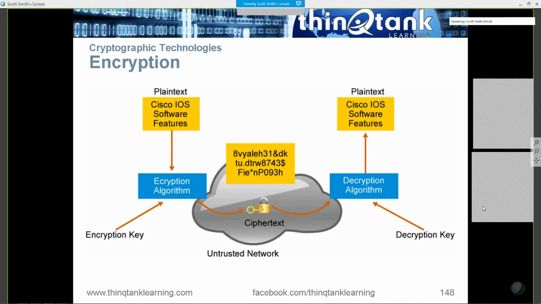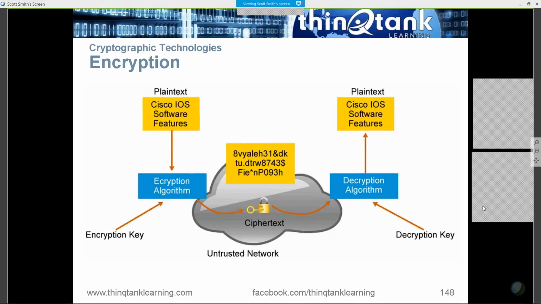Encryption is the process of taking plain text data, running it through some sort of encryption algorithm, and generating something called ciphertext. Now there are two types of encryption techniques that exist, symmetric and asymmetric. A symmetric encryption algorithm uses the same key to encrypt as it uses to decrypt, whereas an asymmetric algorithm uses one key to encrypt and another key to decrypt.